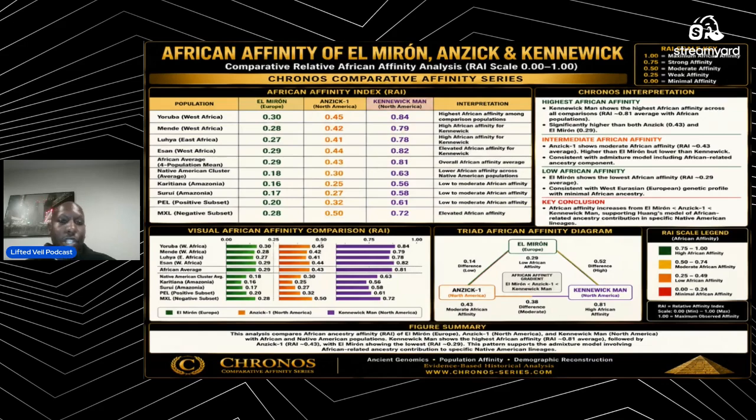This pattern was shown in modern day populations, which prompted the two geneticists to answer the question as to why the African affinity goes up in the descendant versus the ancestor or the intermediate ancestor in Elmoran, right? If y'all following me.